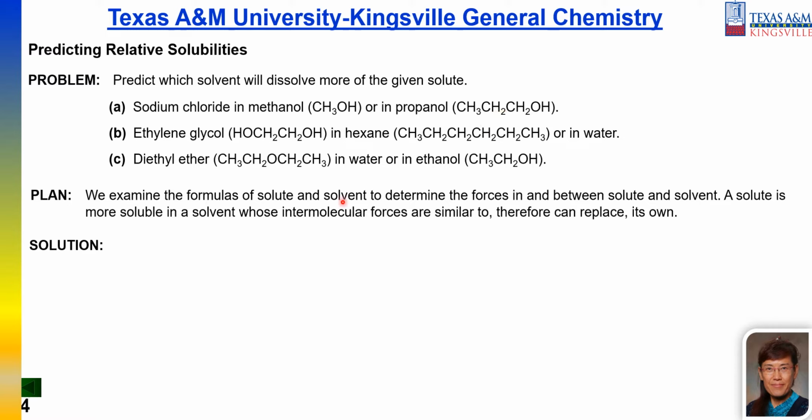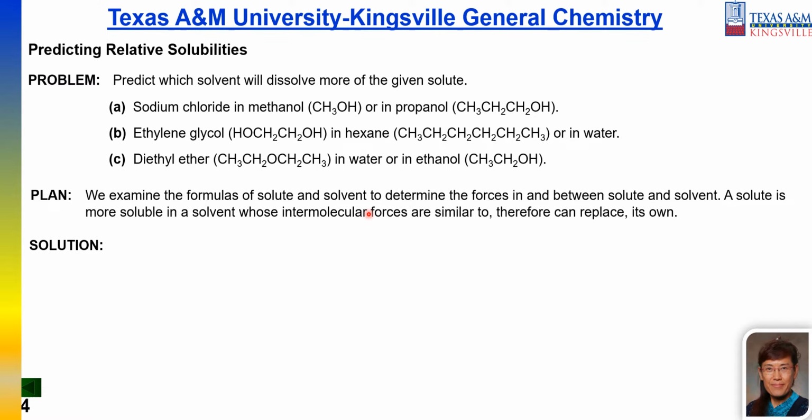You are going to examine those molecules, and then determine whether there are some forces in the solute or between the solute and the solvent. If your solute has something similar to your solvent, or can form strong intermolecular forces with the solvent, the solubility will be high.